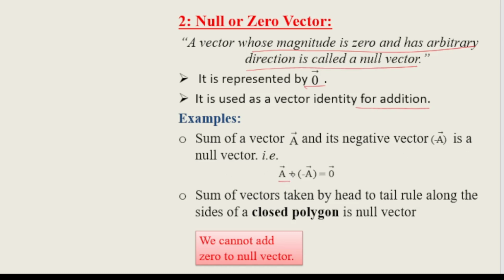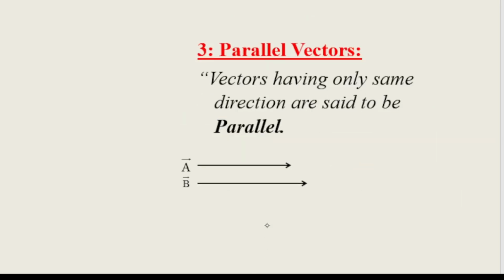A vector plus negative of A vector is equal to null vector. The sum of vectors taken by head to tail rule along the sides of a closed polygon is a null vector. We cannot add 0 to a null vector.